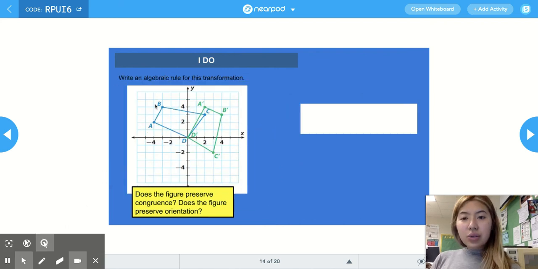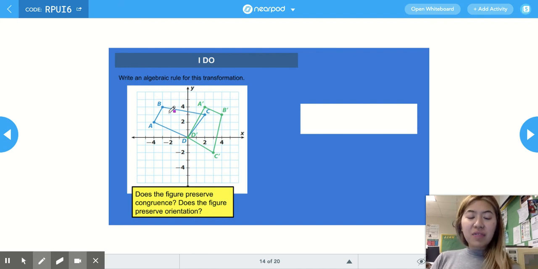For this I do, it says we have to write an algebraic rule for this transformation. I can obviously see that it's a rotation. And so I'm first going to identify what the pre-image is, which is this blue quadrilateral. And so I can see that it's been rotated clockwise by 90 degrees.